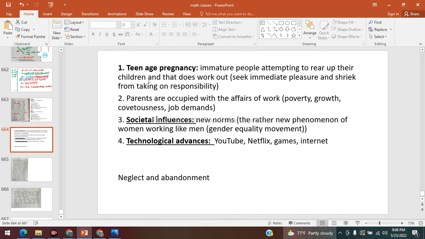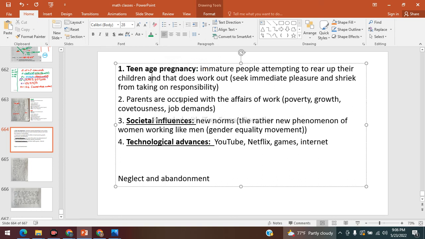So teenage pregnancy, the severe occupation of parents with their jobs, societal influences. You could go a whole lot of ways with this. New norms, the gender inequality movement. This could go in a whole different direction, not only with the gender equality thing, but also with the standards, man.